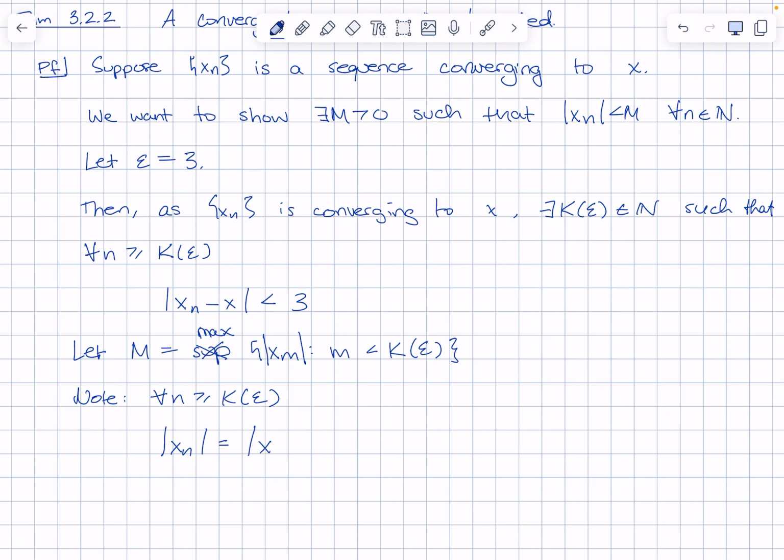With analysis, a lot is, if I don't know what to do, let's see if I can use the triangle inequality. So we add and subtract x.